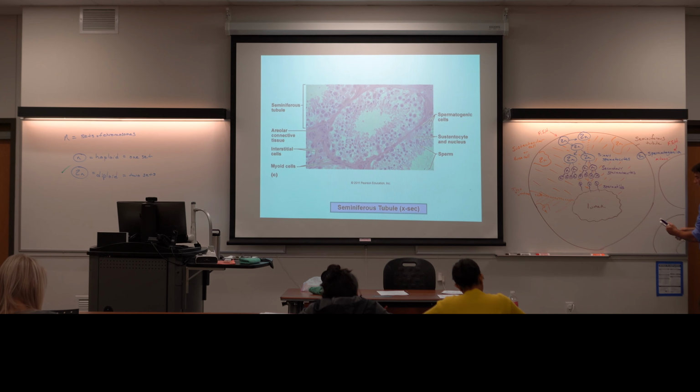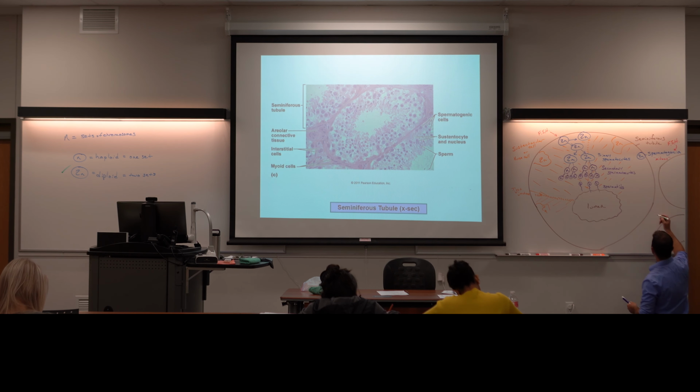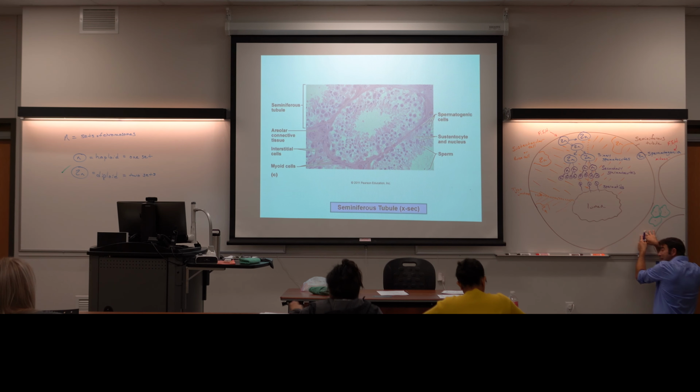In between these seminiferous tubules, there are going to be patches of another type of cell. I'll just draw them in a green color. I'll put a little nucleus so that we can see them. These cells are not within the lumen of a seminiferous tubule at all; they're in between these seminiferous tubules. We're going to call these interstitial cells.